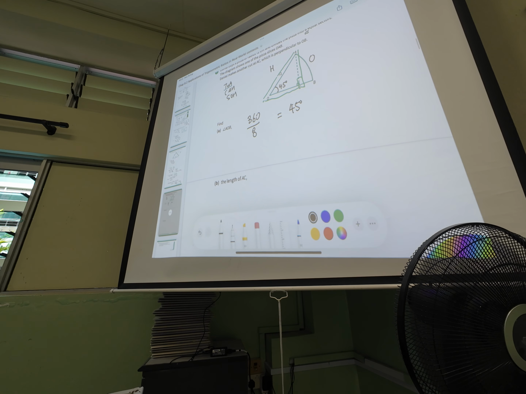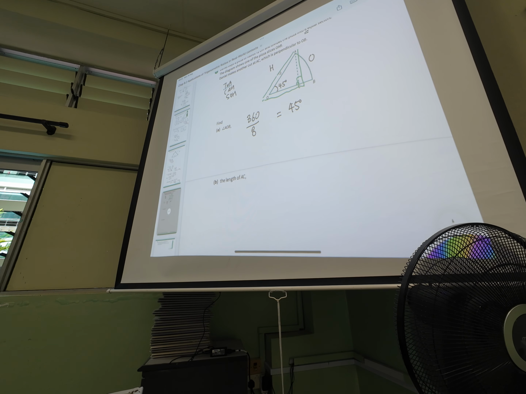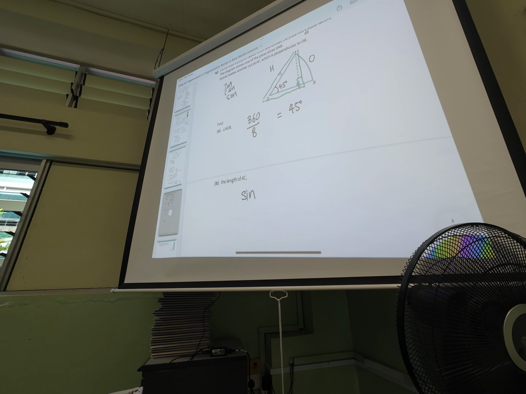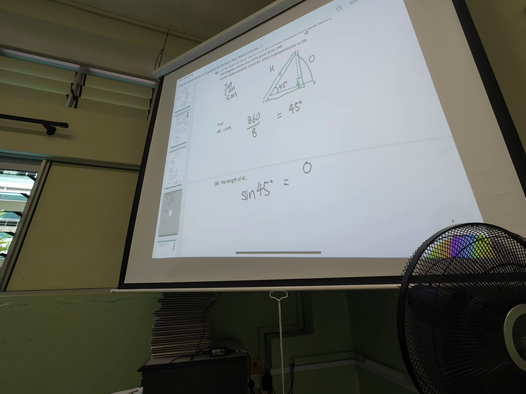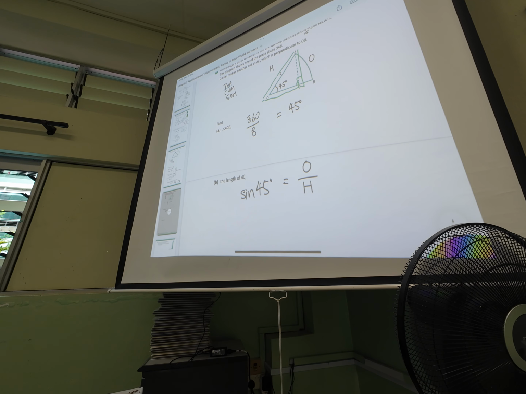Okay? So the length of AC, I write down the relationship between this angle, the hypotenuse, and the opposite. I use this angle, the sine can help me link the opposite to the hypotenuse.